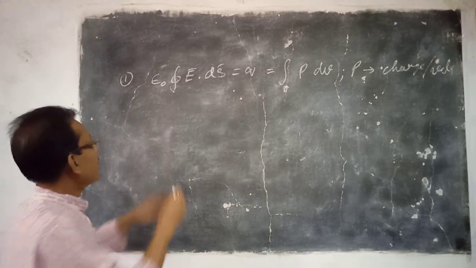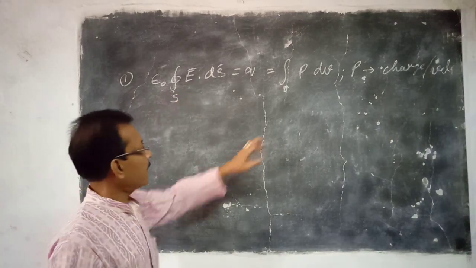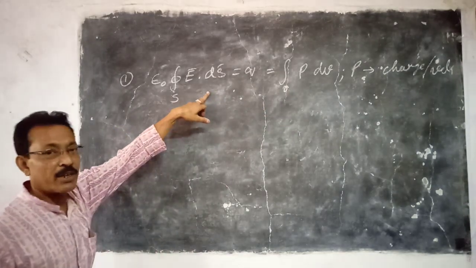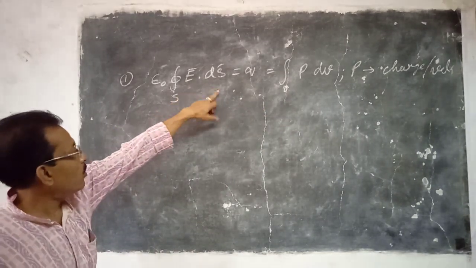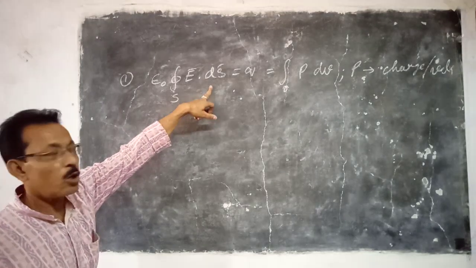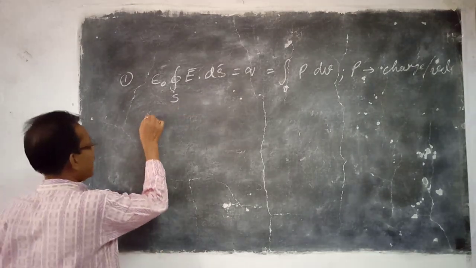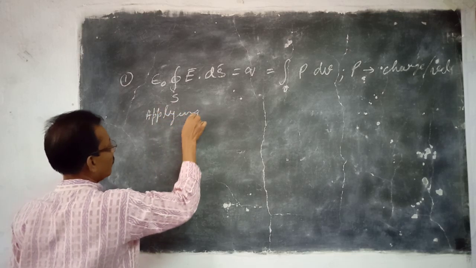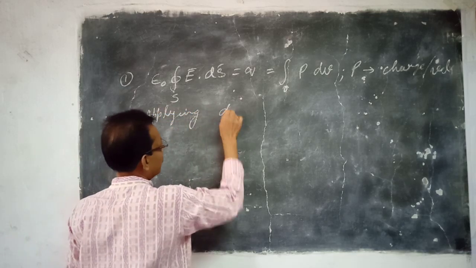Now one side is a closed surface integral and the other is a volume integral. Now we apply here the Gauss's divergence theorem. We convert this closed surface integral into its volume integral.